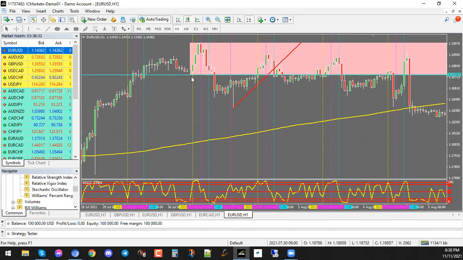Wouldn't you consider this to be previous structure? He says that's not where I was looking. I was only referring to the low of the previous candle. So maybe structure isn't the term for it.